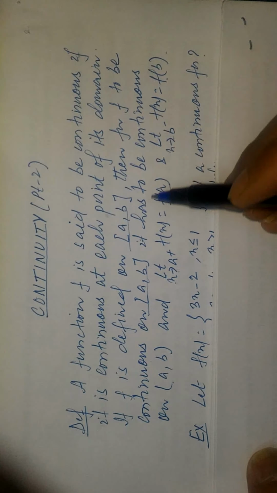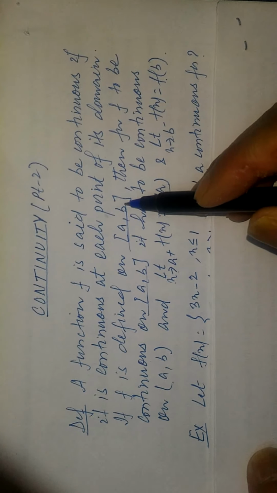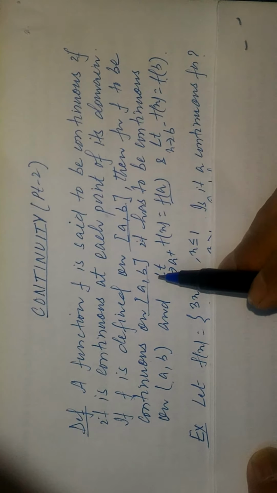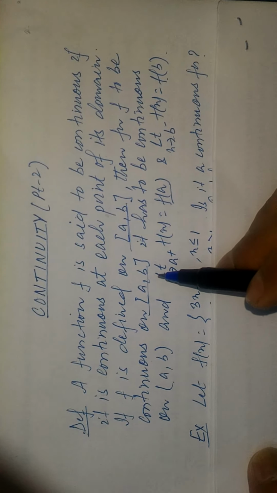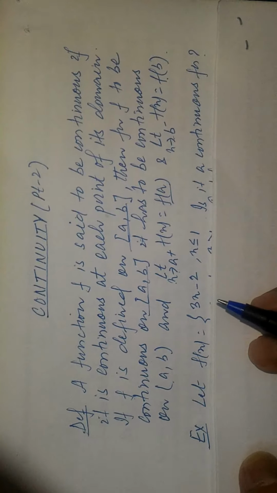Then we say the function is continuous in the closed interval a to b. So in very simple language, we should understand the function is continuous in its domain if it is continuous at each point of its domain.